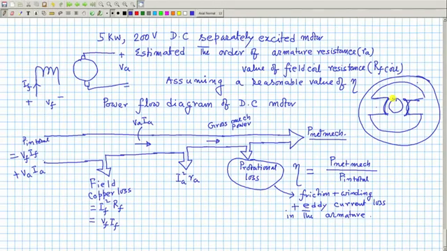Now, there will be eddy current loss taking place in the iron of the armature. Why? Because if you see the rotor, suppose it is solid iron, where slots are there and you have put conductors to make the armature winding. But look at the iron body of the armature, it is moving in a steady field.